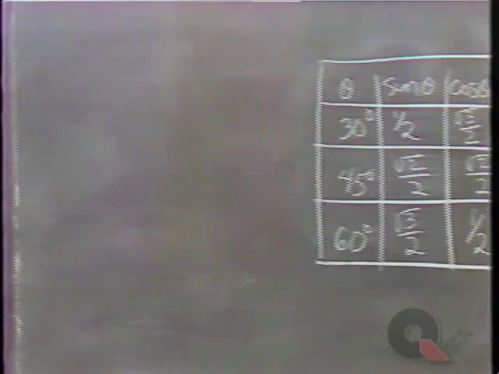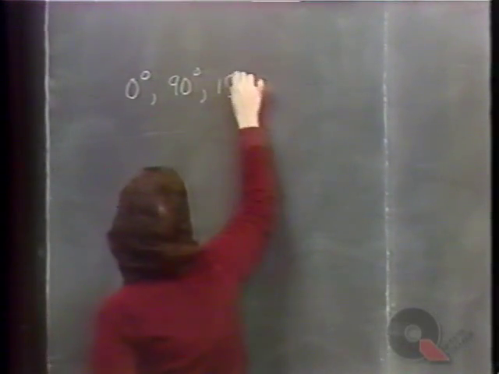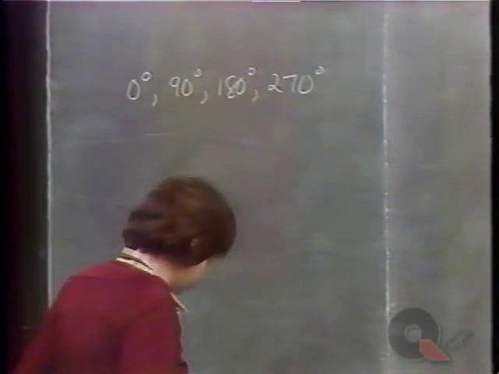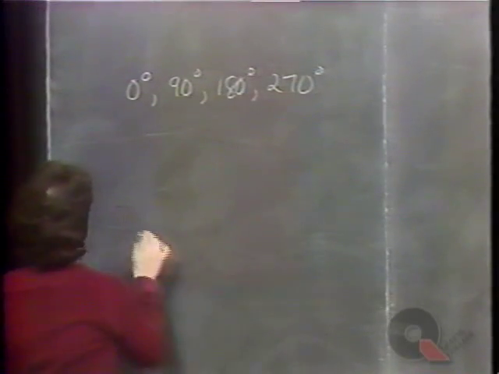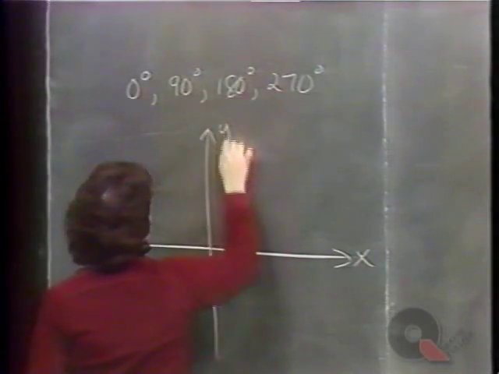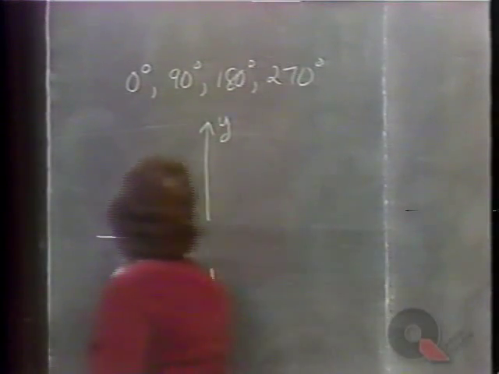Okay, what I would like to do now is work out the trig functions for some angles other than 30, 45, and 60 degrees, some of the so-called quadrant angles. By the quadrant angles, I mean 0 degrees, 90 degrees, 180 degrees, 270 degrees. I call these quadrant angles because if you draw your coordinate axes, fix up that x-axis a little bit.